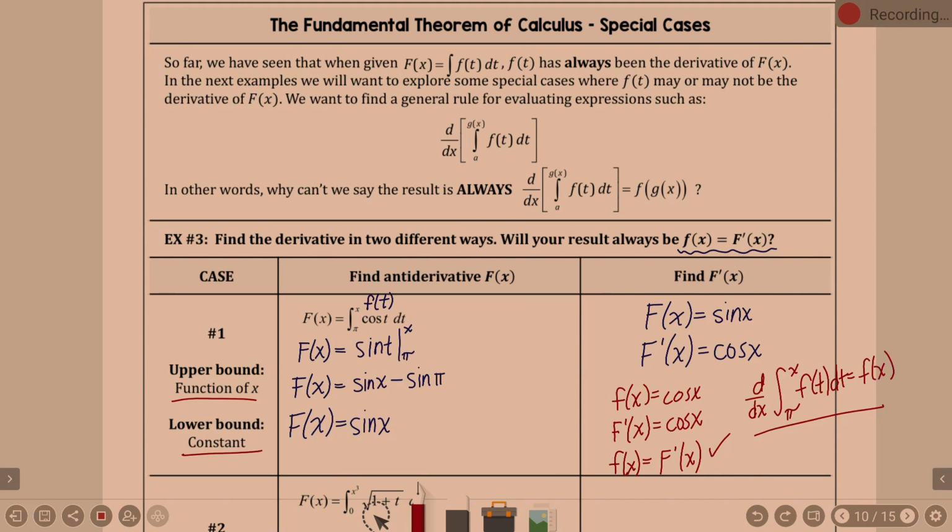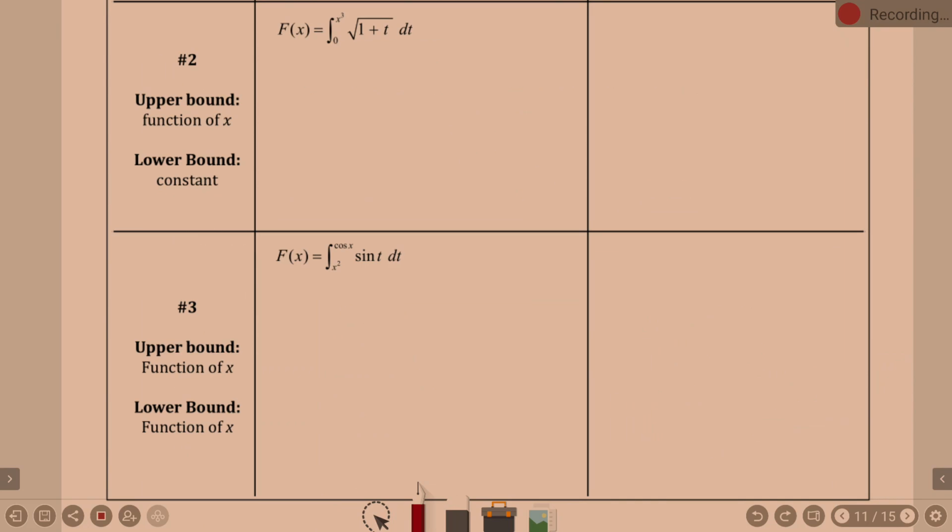Let's try another one. F of x equals the integral from 0 to x cubed of the square root of 1 plus t dt. This again is an integral where the upper bound is a variable and the lower bound is a number. You ready to integrate?